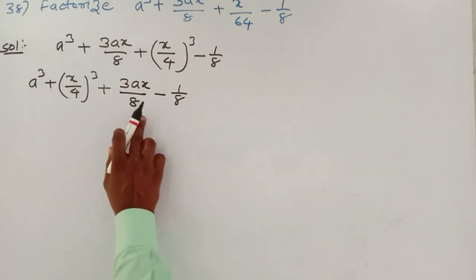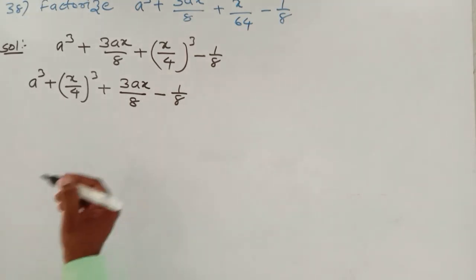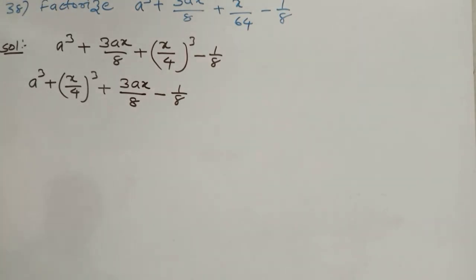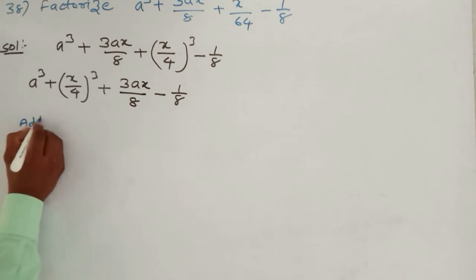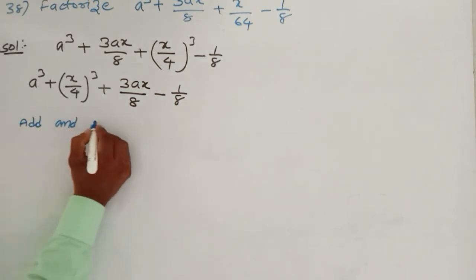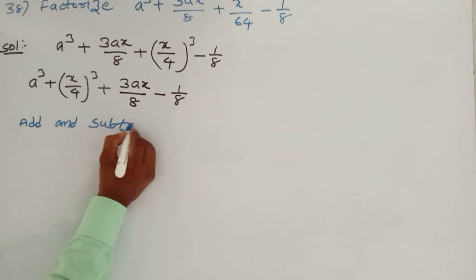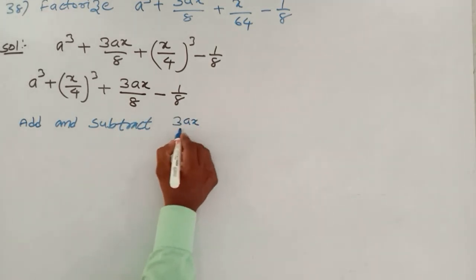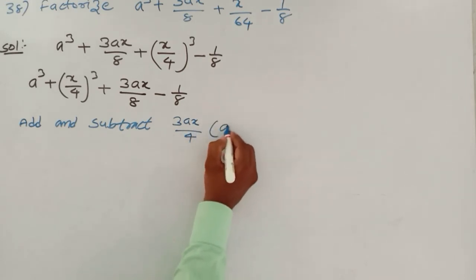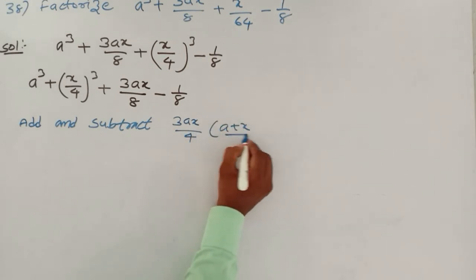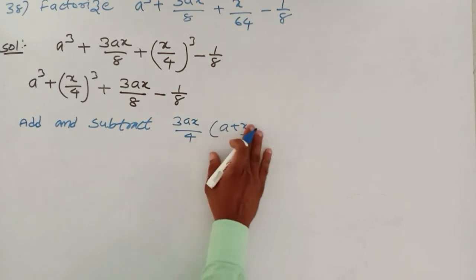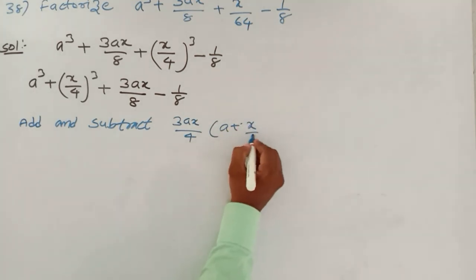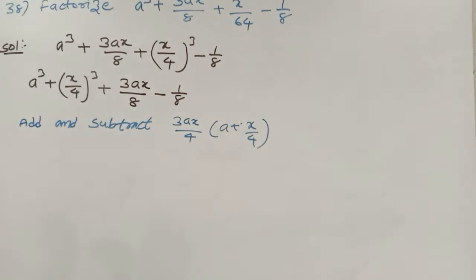But here when I am expanding, one term is missing. So to that I am writing add and subtract 3ax by 4 into a plus x by 4. When I am doing the simplification, it is going to be in the form of a cube plus b cube form. In that way I am doing here.